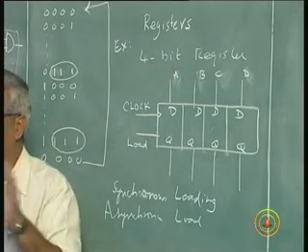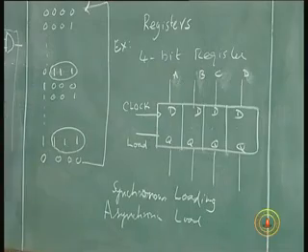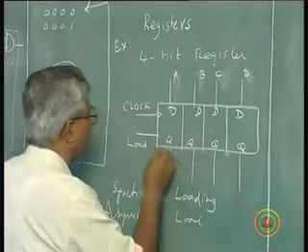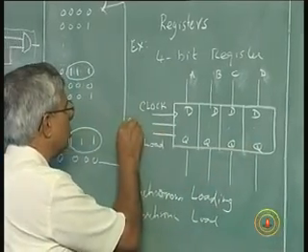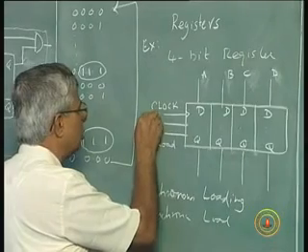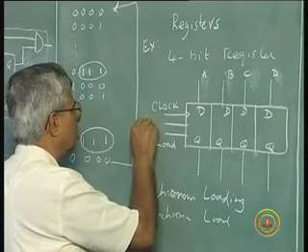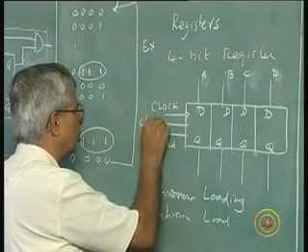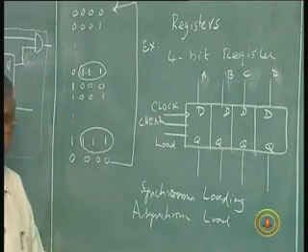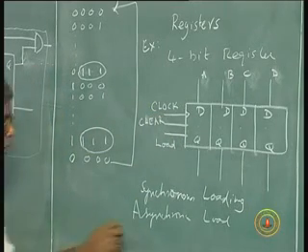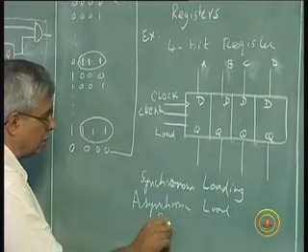Likewise, I want to clear a flip-flop, and that also is possible. So I can have one more control called clear. Clear also can be synchronous or asynchronous, same concept.